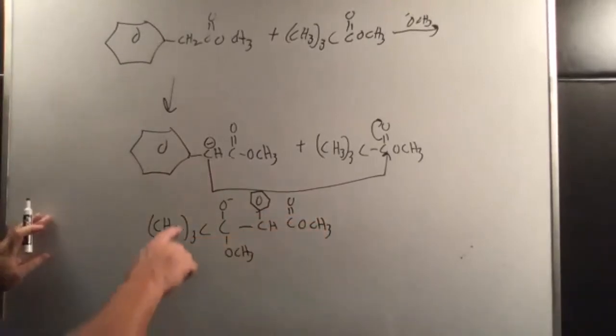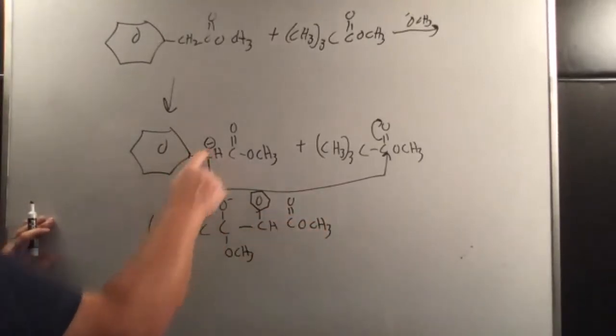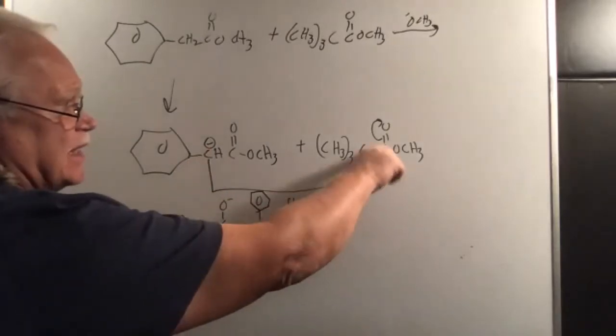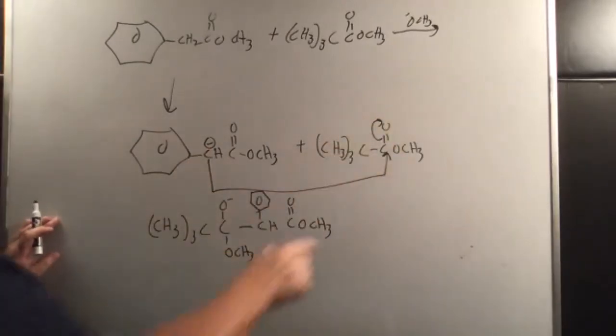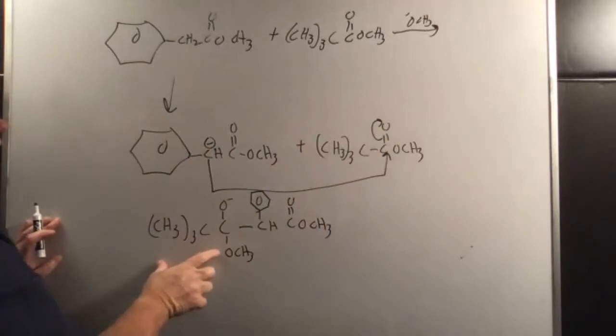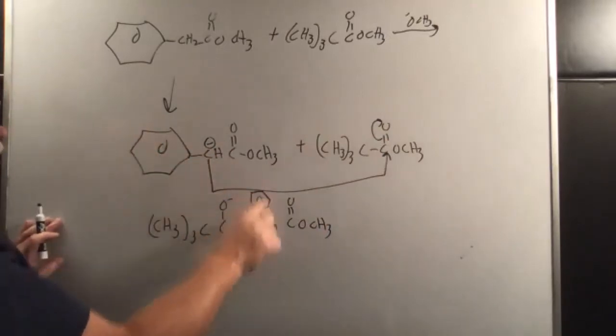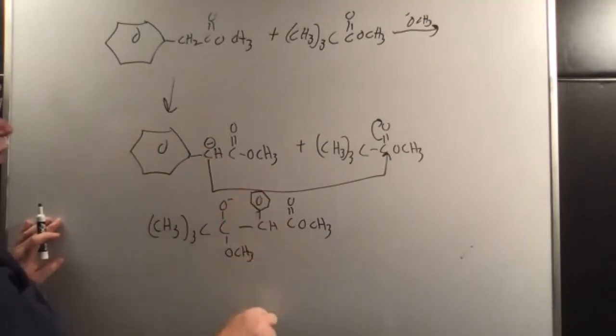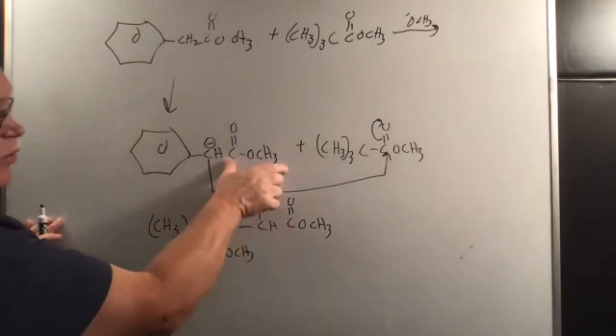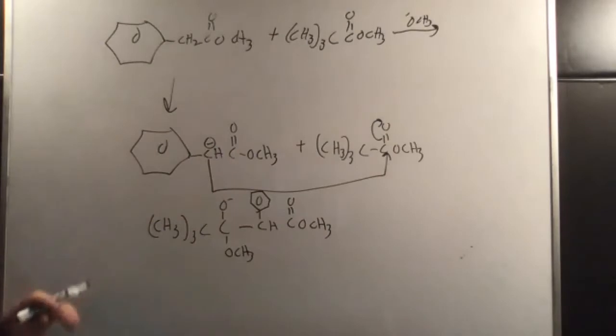So notice what happened was this carbon came in and backside attack here, keeping the electrons up. Here's this part of the molecule. Here's this carbon here with its phenyl group either up or down, off out of the way. And then notice the rest of the ester group over here.